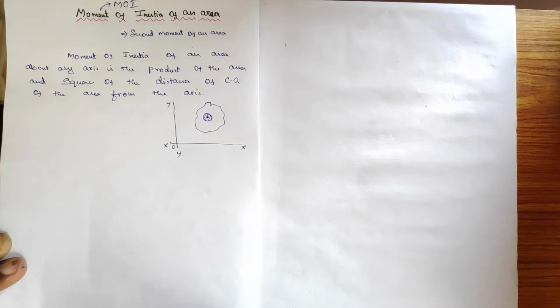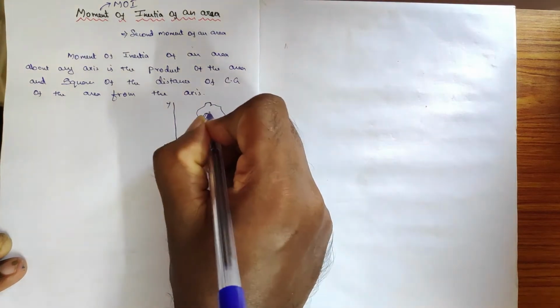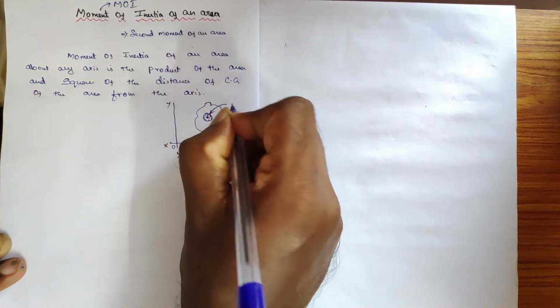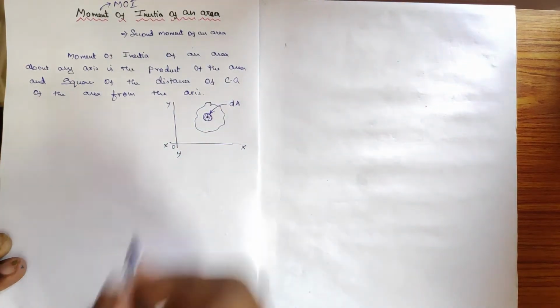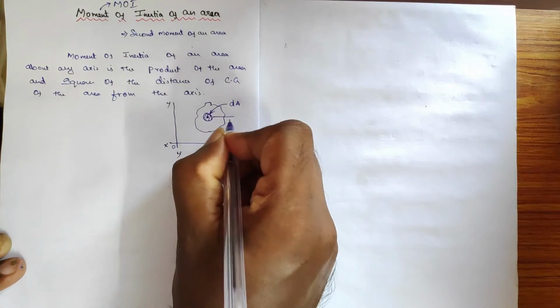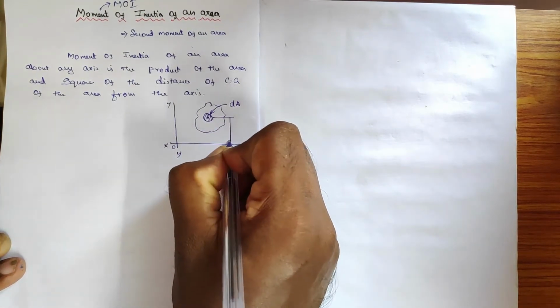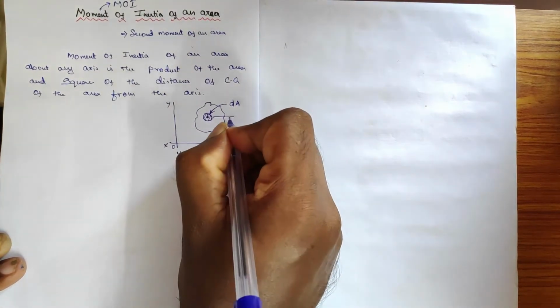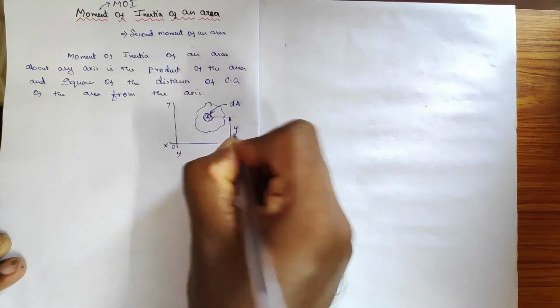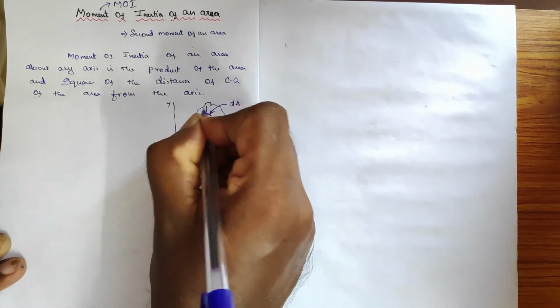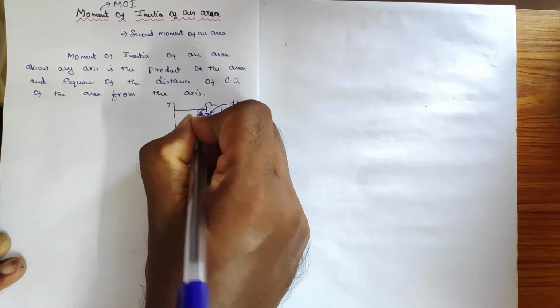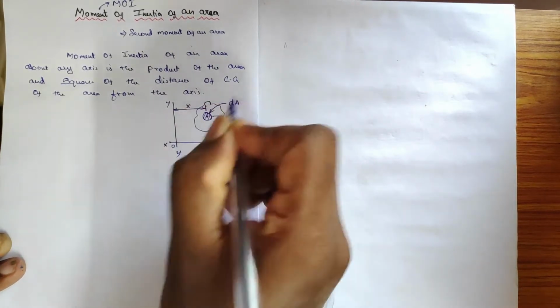I consider this area as dA, and the distance of this spot from the OX axis is y, and from the OY axis is x.